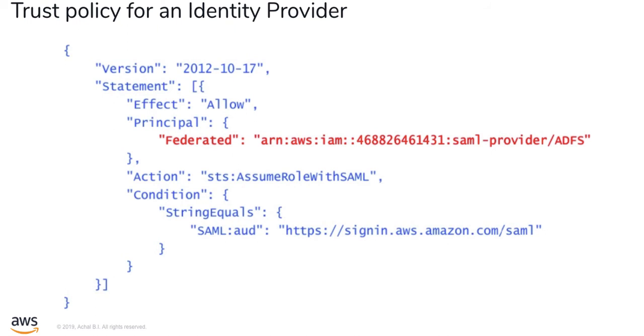For trusting a policy for an identity provider, the principal would be federated, and it would add the ARN of that. And notice here, for the federated principal, we have the action of assume role with SAML, and it could be web identity as well if it is an identity provider.